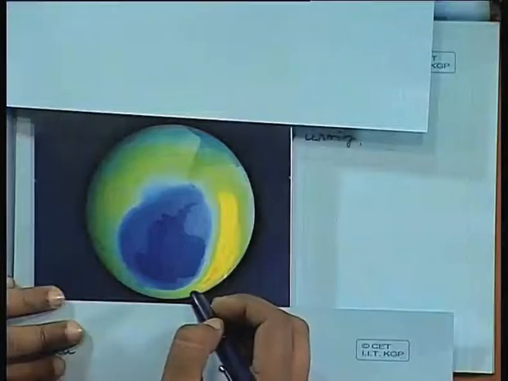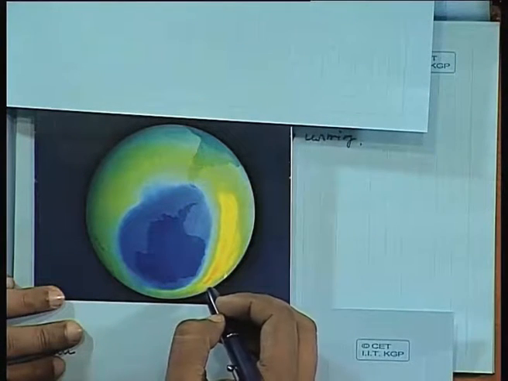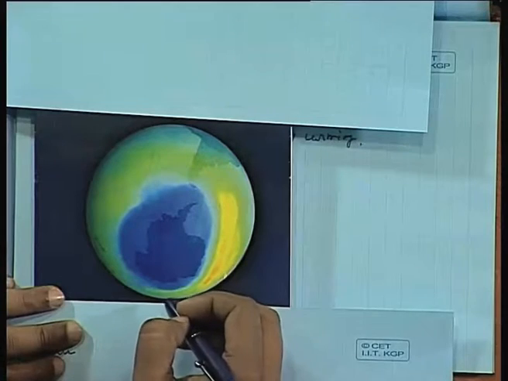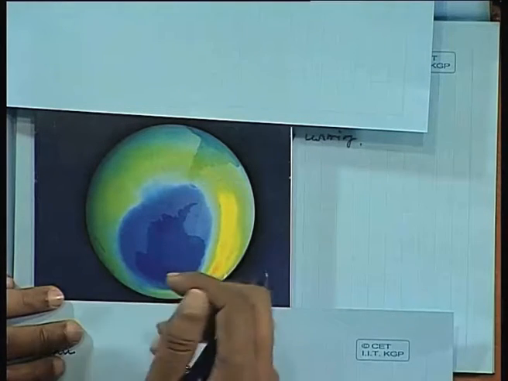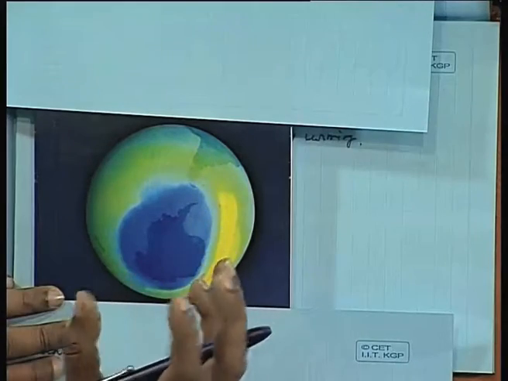If you go back about 100 or 200 years, to about 1900, we will find that there is no such incidence of an ozone hole being observed. But today it is a fact that we have an ozone hole, which is sometimes decreasing, sometimes increasing as well. There are some seasonal variations also.